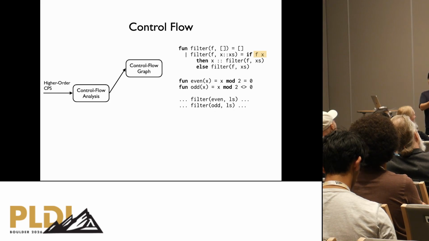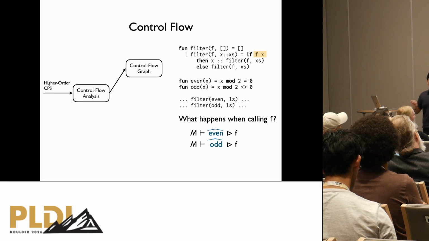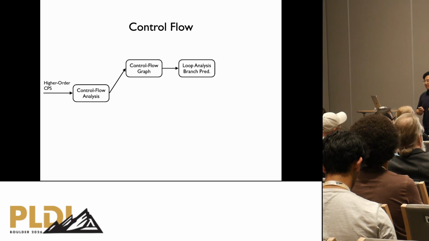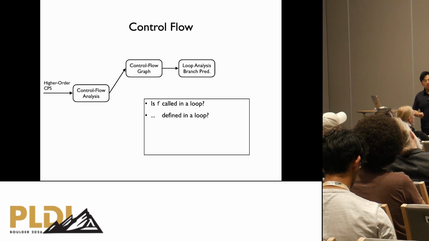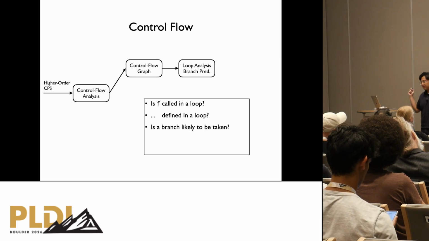If these are all I have in my program code, I know precisely f can either be even or odd. From this, we can construct an approximate control flow graph, and then we can do a bunch of ordinary analyses on this, such as loop analysis and branch prediction, and answer the questions we're actually interested in. Is f called in a loop? Is f defined in a loop? Is a branch more likely to be taken than the other, et cetera.